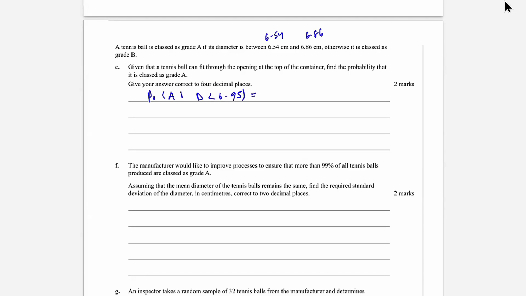And then the condition for it being A is being within these two. So the intersection of those is just this, and then in your CAS you're going to get the answer.